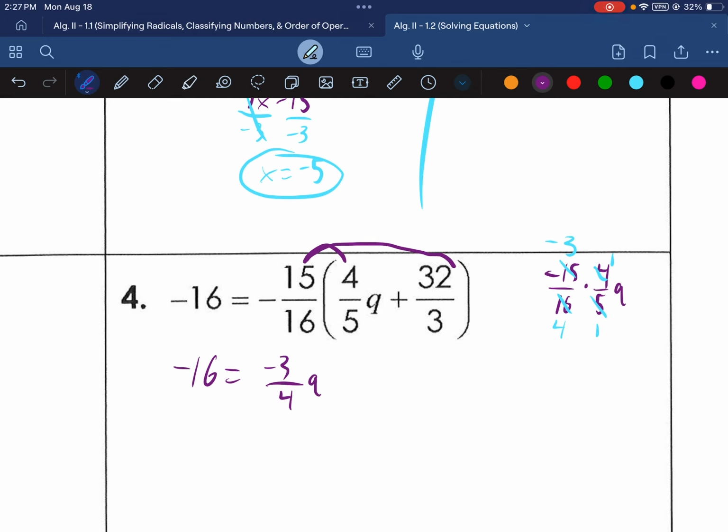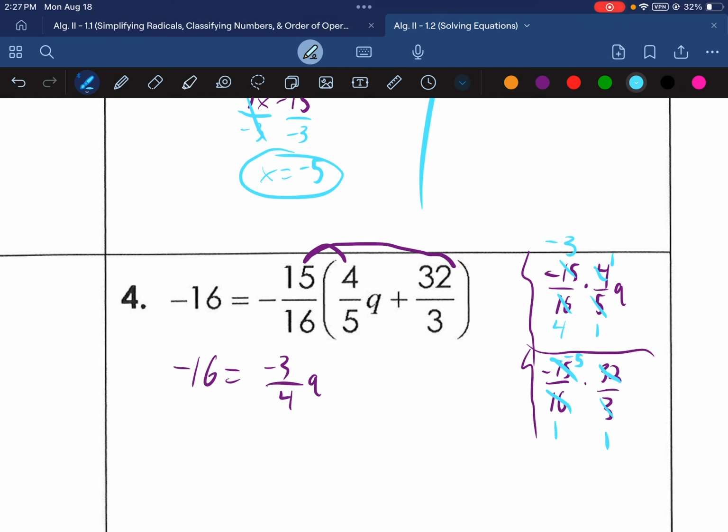So now as I distribute negative 15 over 16 to 32 over 3, once again I'm going to do this work off to the side and get negative 15 over 16 times 32 over 3. I can reduce 15 and 3 by 3 to become negative 5 and 1.